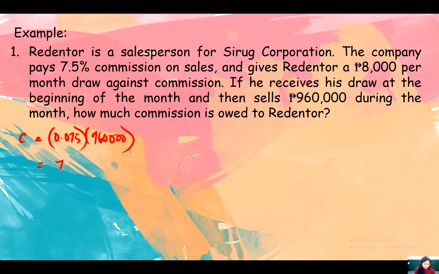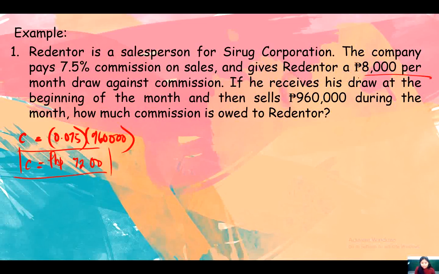Okay? Which is equal to 72,000 pesos. Let me write the peso sign again. So, ito yung kanyang total commission. Okay? Kaya lang dyan, nabigyan na daw siya ng 8,000.